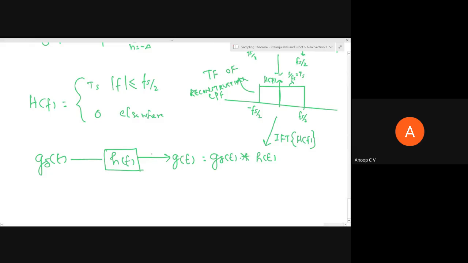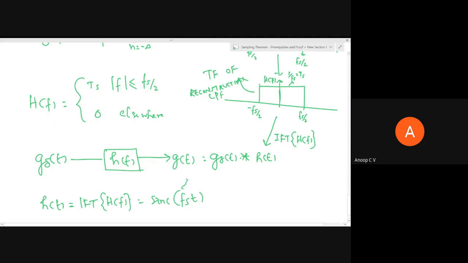Just using the duality property, we can write h of t, the inverse Fourier transform of H of f, as sinc of fs times t.